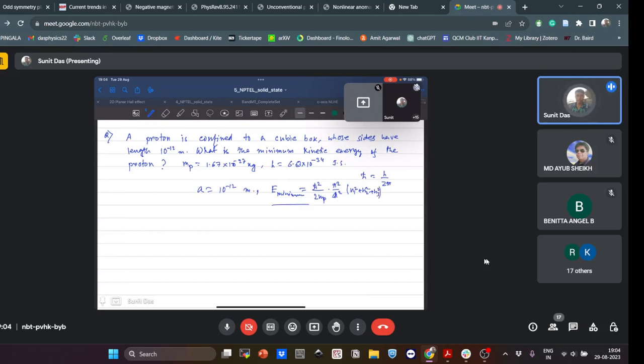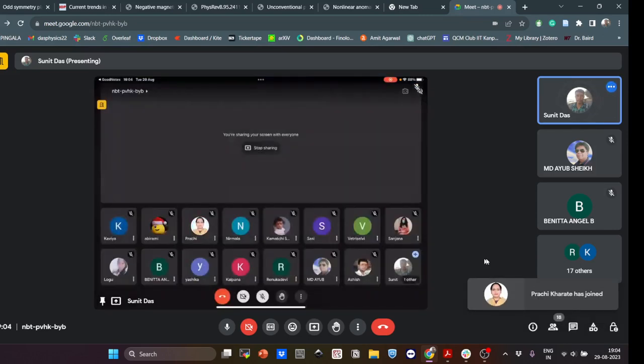Now we need to find the minimum. For that we need to know which configuration will give minimum energy for n1, n2 and n3. So try to solve it.